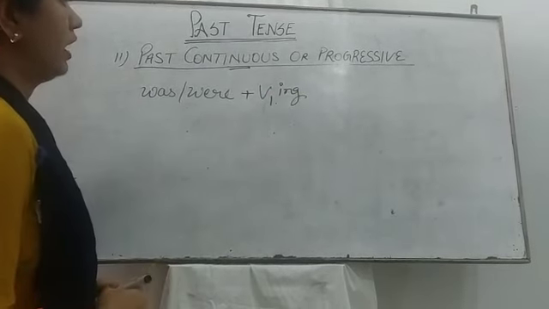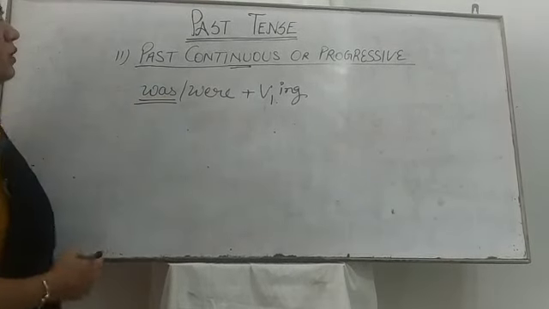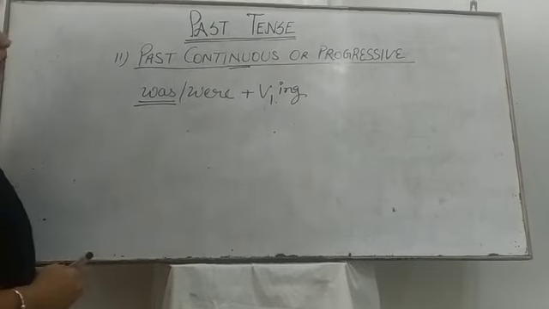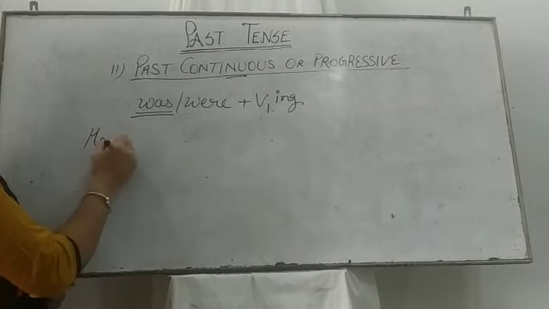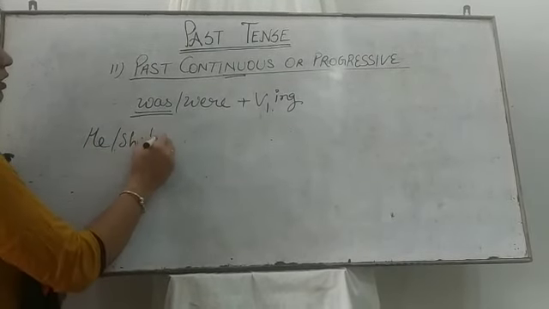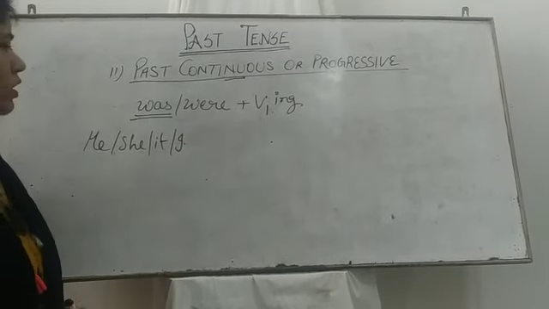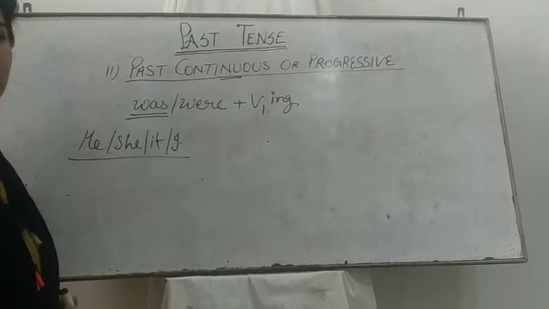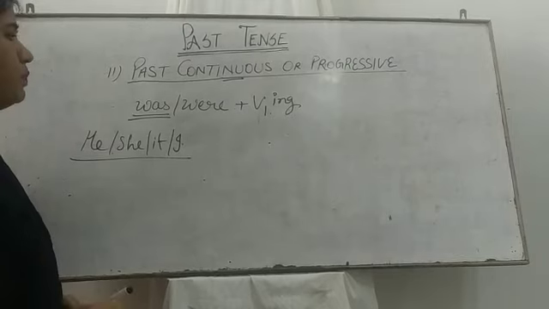With the singular subjects we will use was: he, she, it and I, and singular nouns also, like Ram, Sham, Sita.